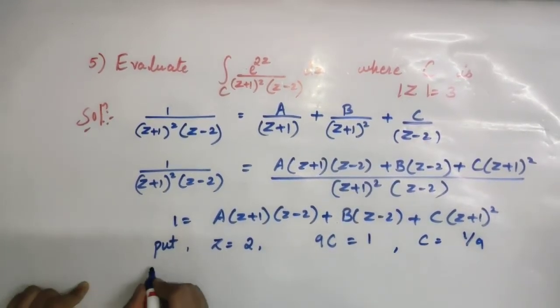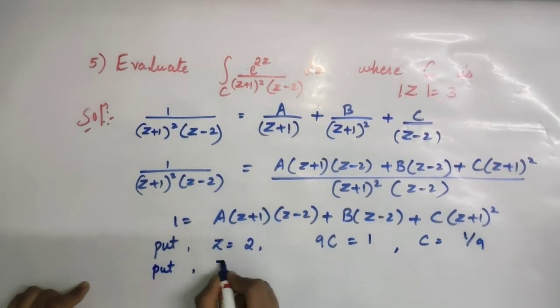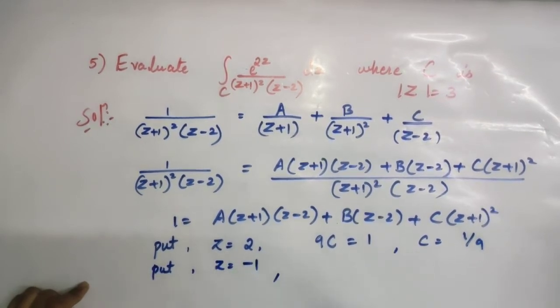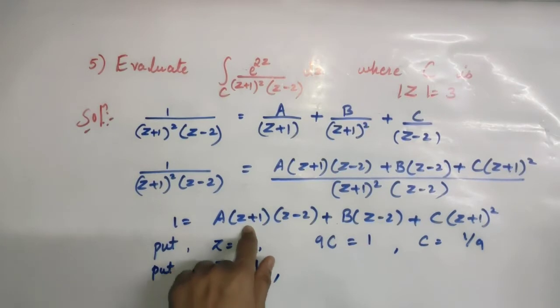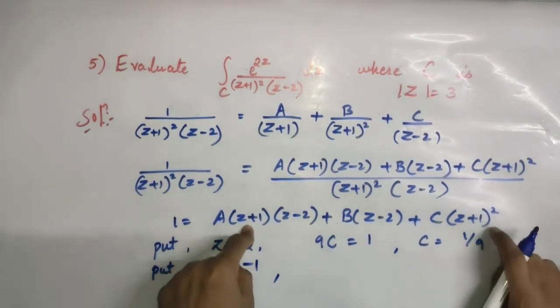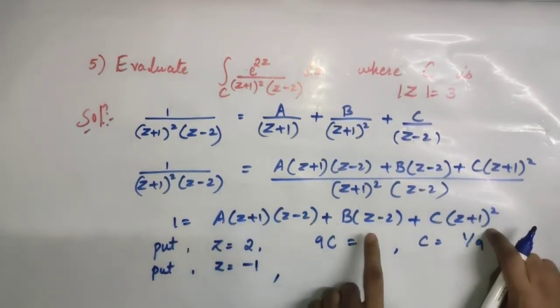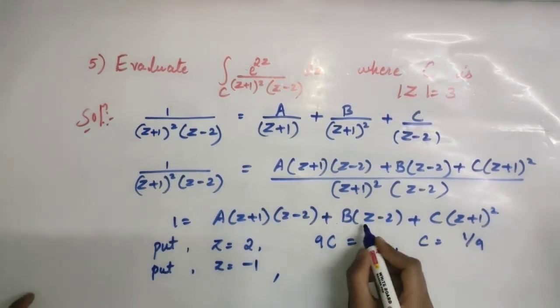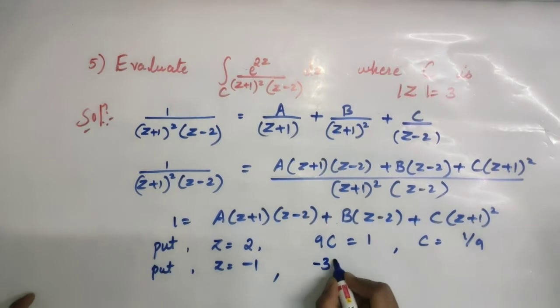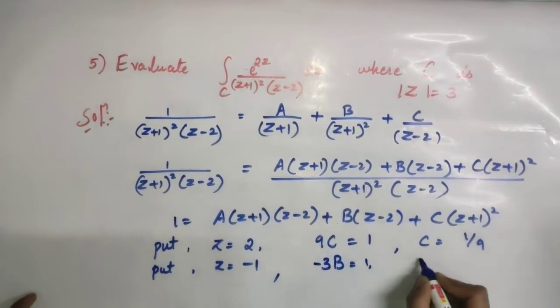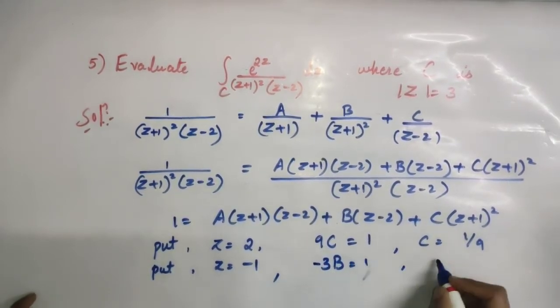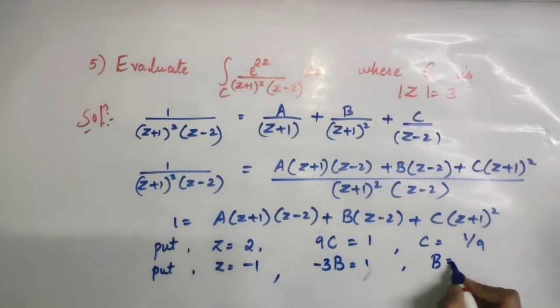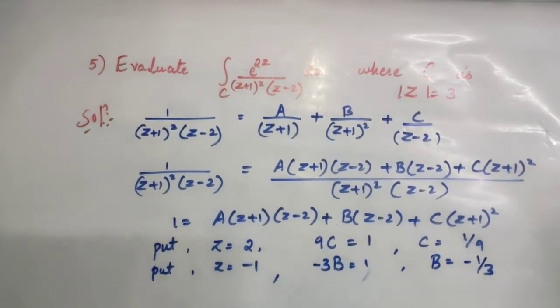Now put the value z equals minus 1. You see that the first term gets cancelled, even the last term gets cancelled. If you put z as minus 1, you will have minus 1 minus 2, which is minus 3, b is equal to 1, and this gives you b equals minus 1 over 3. I hope it is clear.